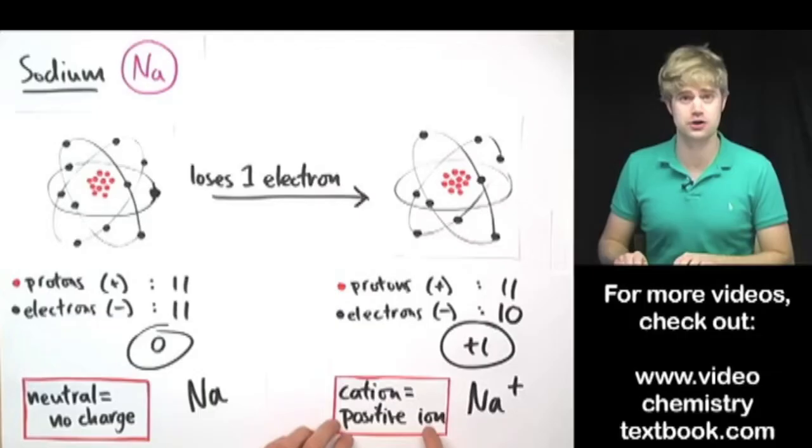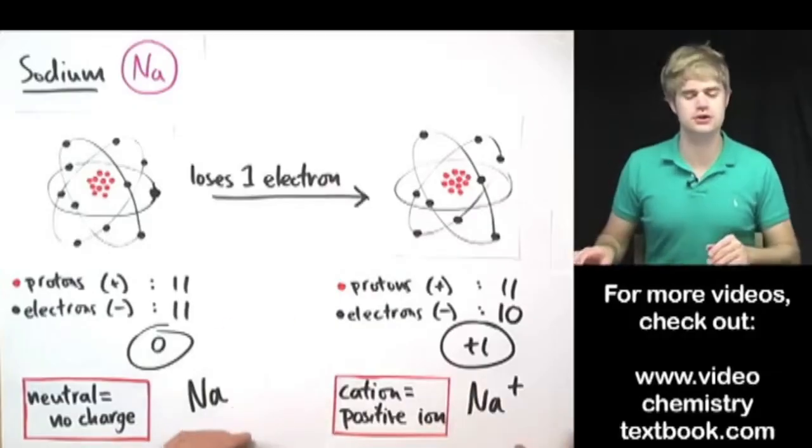The other thing you can think of is that cation has the letter t in the middle of it, and if you write it as a lowercase t, it looks like a plus, so it's positive. That's two ways to remember that cations are positive.